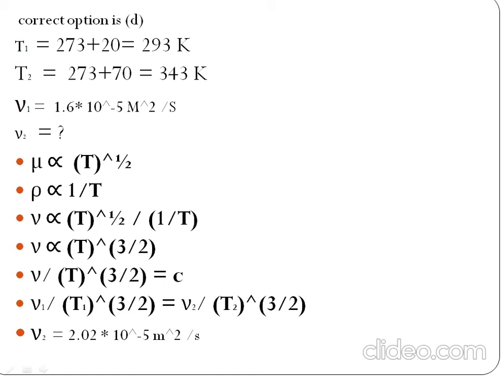So dynamic viscosity over density is kinematic viscosity. So kinematic viscosity is proportional to T to the power 3 by 2. So put the value of T1, T2, nu1, we get the nu2. So nu2 comes out 2.02 into 10 to the power minus 5 meter square per second. That's all for GATE previous year question.